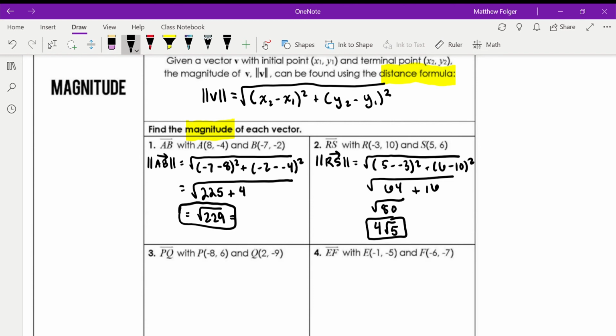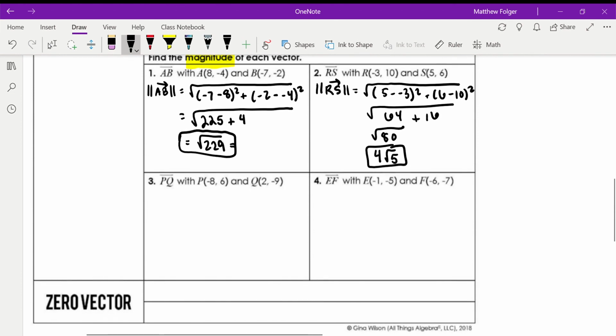Okay? PQ? Same idea. If you want to pause it and try this one on your own and then check your answer, that's probably a good idea. All I'm doing is copying down x2 minus x1, y2 minus y1.